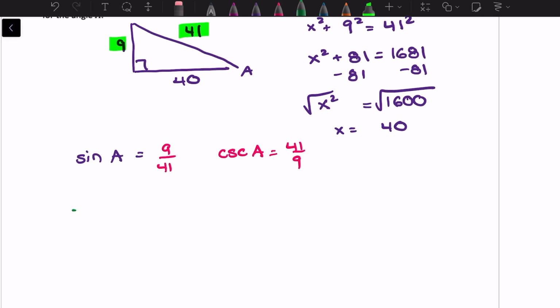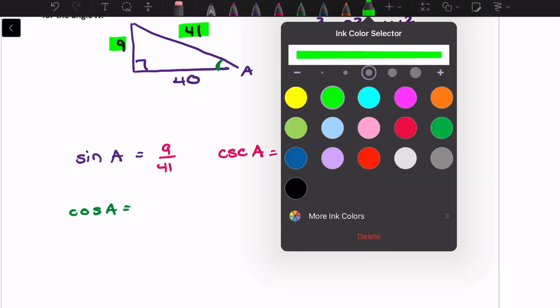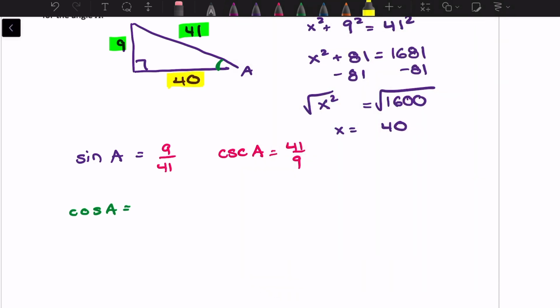And then I'm going to write cosine of A. Again, we're standing right here at angle A. So adjacent to angle A is 40. So I'm going to write 40 over hypotenuse 41. And write the secant of angle A equals 41 over 40.